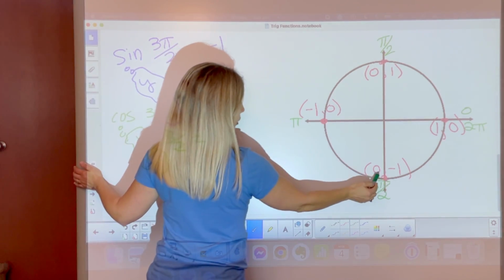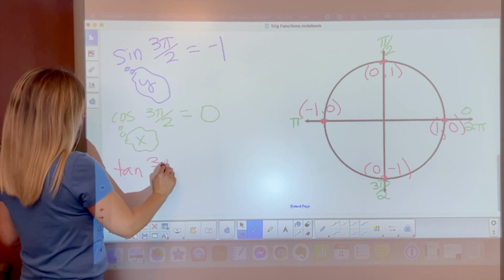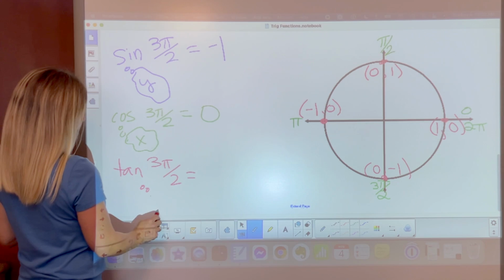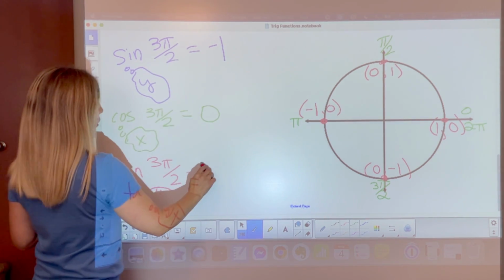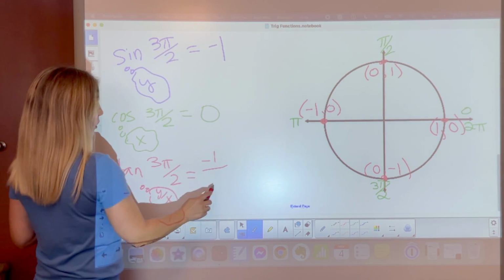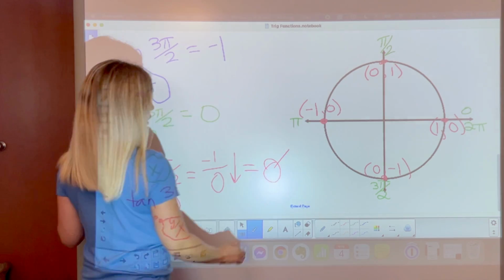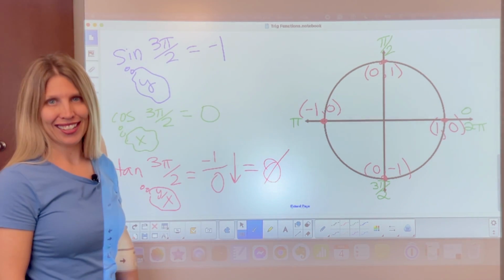My x value here hasn't moved, so it's 0. Tangent at 3 pi over 2. So remember, tangent is going to be my y over my x. So my y value is -1. My x value is 0. You read that down, it says, "no, I am no good," because the 0's on the bottom. Can't do it, it will be undefined.